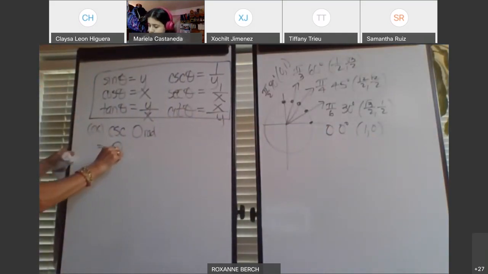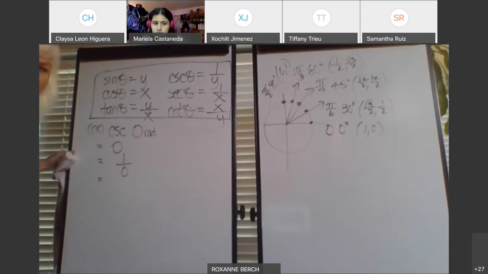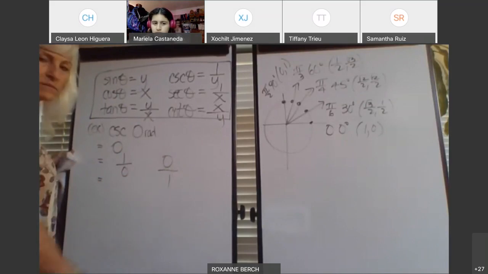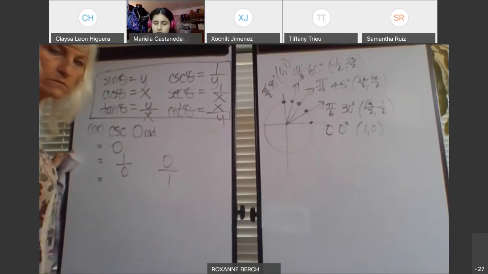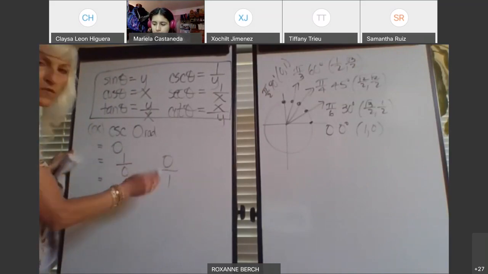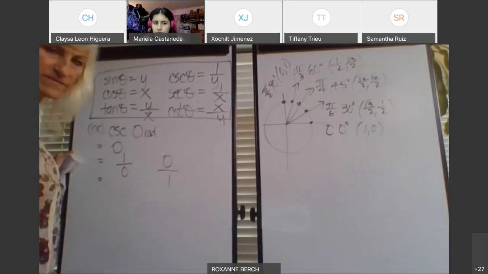So don't we need to take the reciprocal? So what's this answer? What's 1 over 0? All right, I'll give you an easier problem. What's 0 over 1? What's 0 over any number except 0?